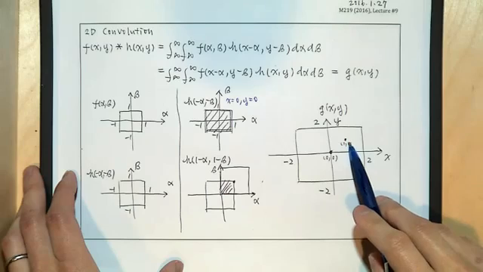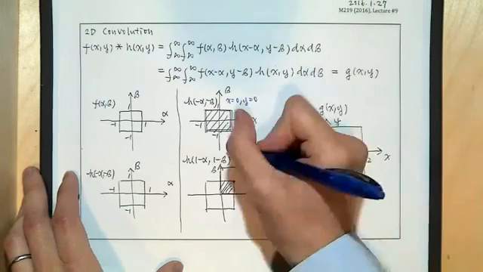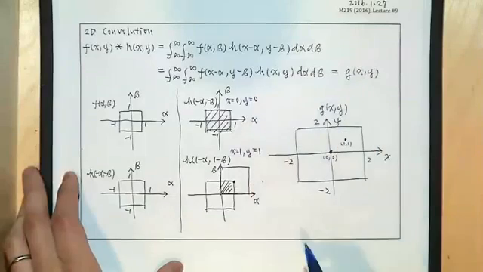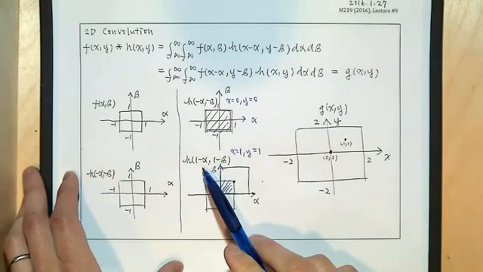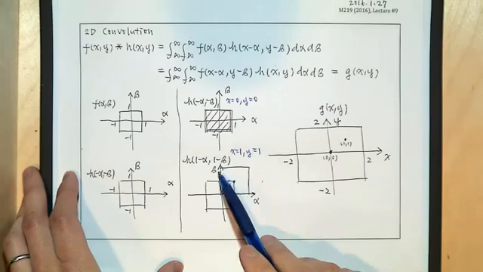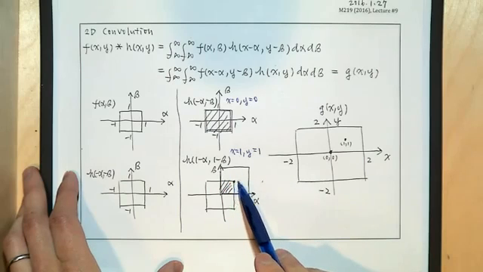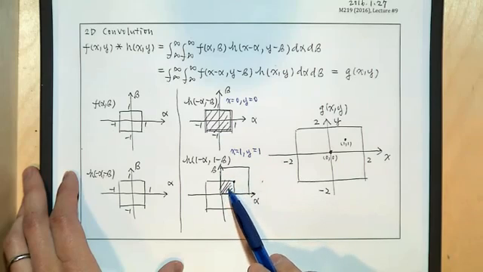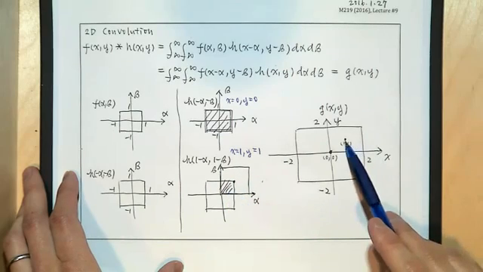Next, if we want to calculate another point, say x equal to 1, y equal to 1, we will shift h so that we have h of 1 minus alpha and 1 minus beta. In this case, the overlap is now smaller. Only this small quadrant gives any contribution to the convolution output.